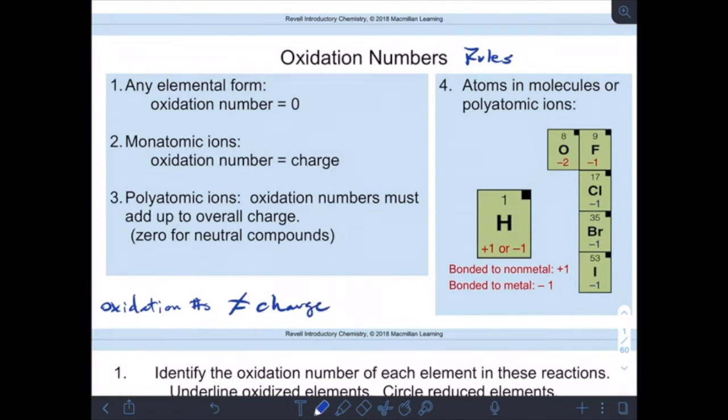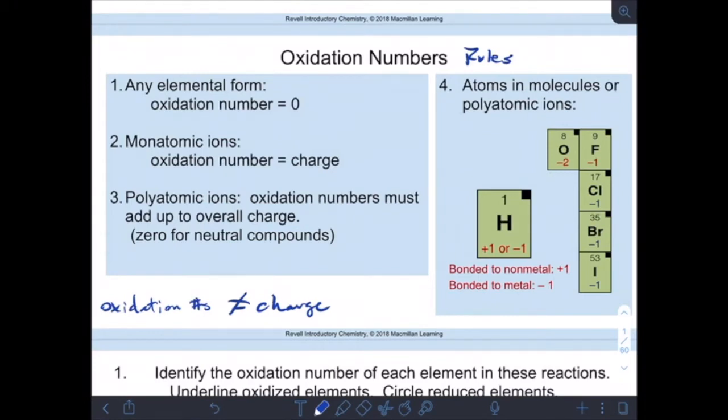Quite often, the oxidation number is the same thing as the normal charge of a particular element. You see in this box over on the right, number 4, fluorine, chlorine, bromine, iodine, oxygen, they all have the same oxidation numbers that they would normally have as ions.